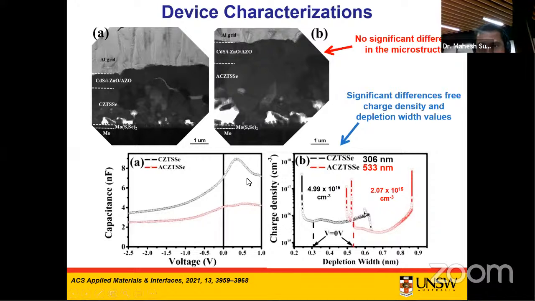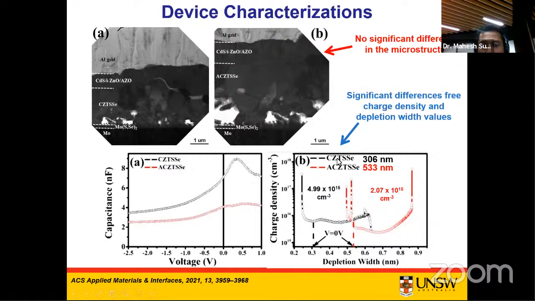However, the electrical characterization suggests there is a significant improvement in the electrical properties after silver alloying in the CZTSSe lattices. The carrier density value is found to be smaller, about 2.07 × 10^15 cm^-3 in the case of the silver alloyed CZTSSe, whereas it was about 4.99 × 10^15 cm^-3 in the case of the CZTSSe.